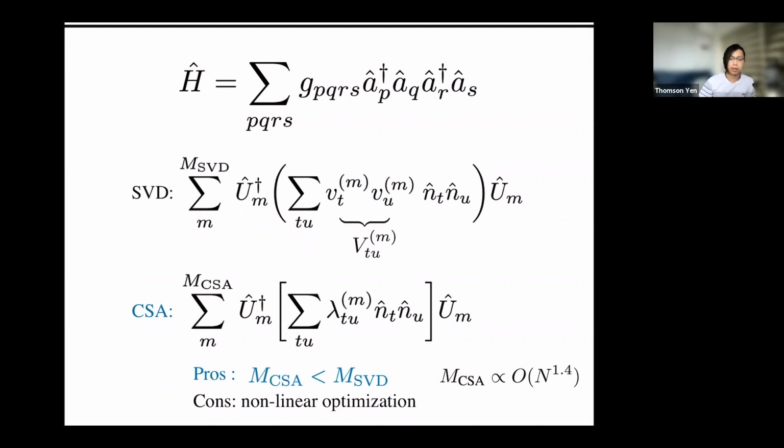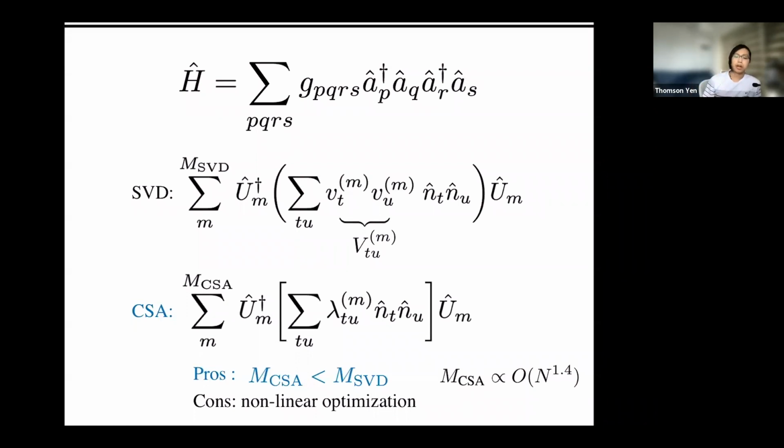Here I wrote down, again, the decomposition of the two-body terms using the SVD method or the CSA method. Everything else is the same. You notice that it's the same unitaries and the same number operator, and the difference is in the coefficients.